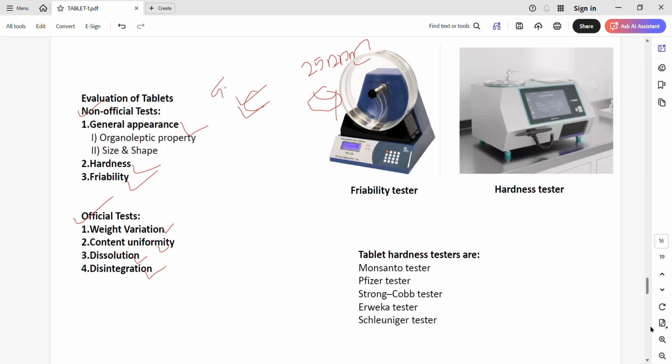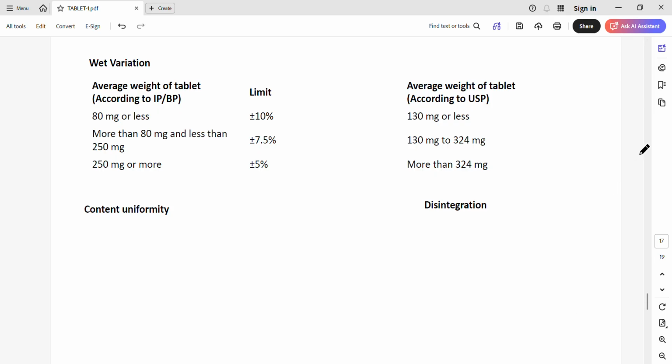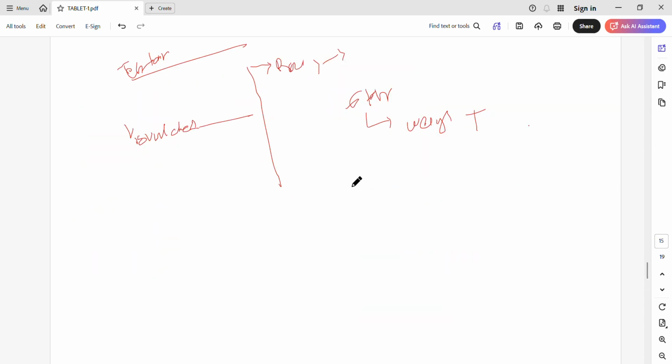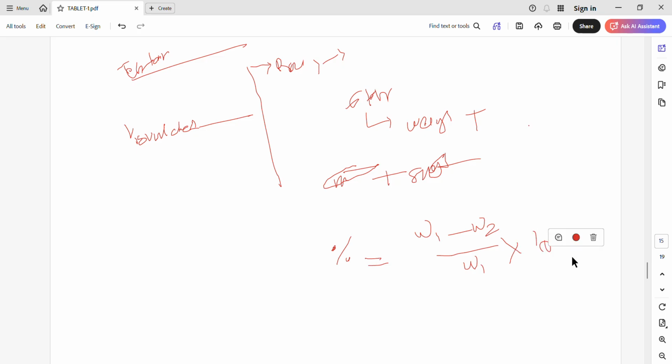Then after 4 minutes the tablets are brought out and we weigh them again. The formula for friability is W1 minus W2, divided by W1, into 100.